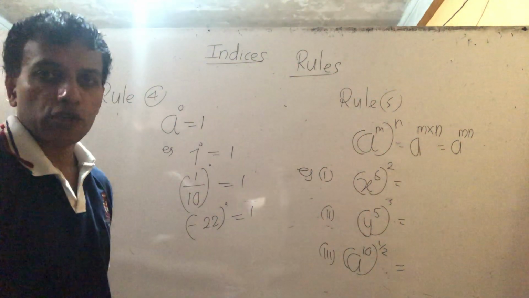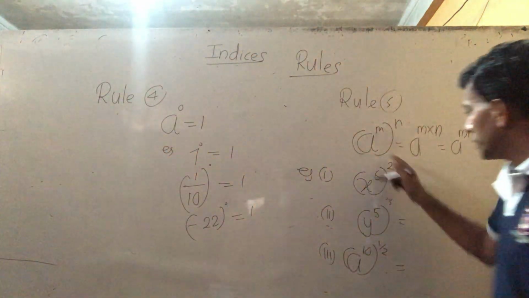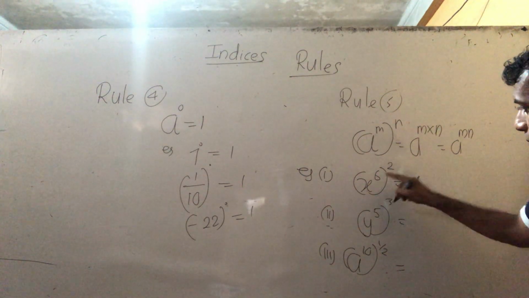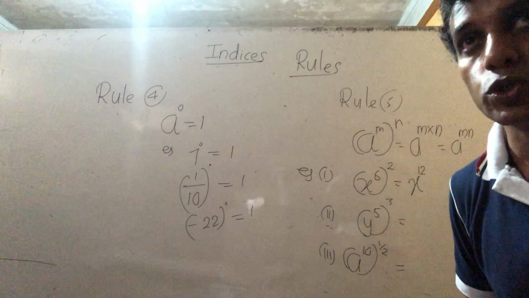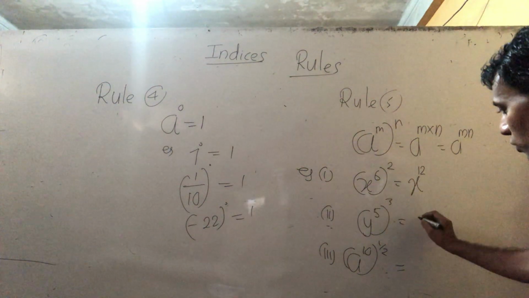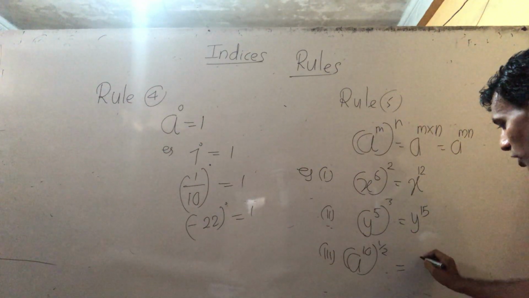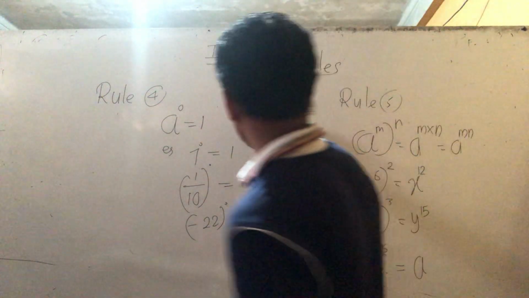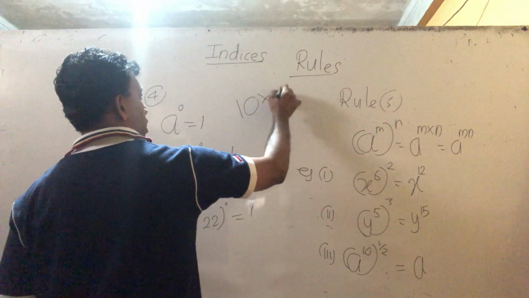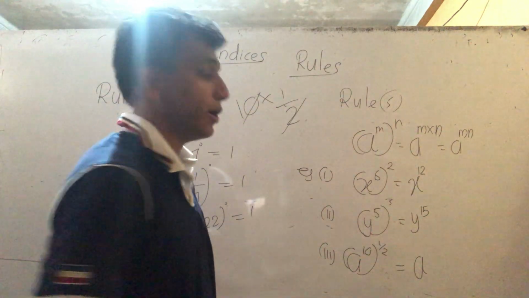See what the answers are using the power of a power rule. Here x to the power 6 times 2, 12, and here y to the power 15. Here a to the power 10 times half. What is 10 times half? 5, right?